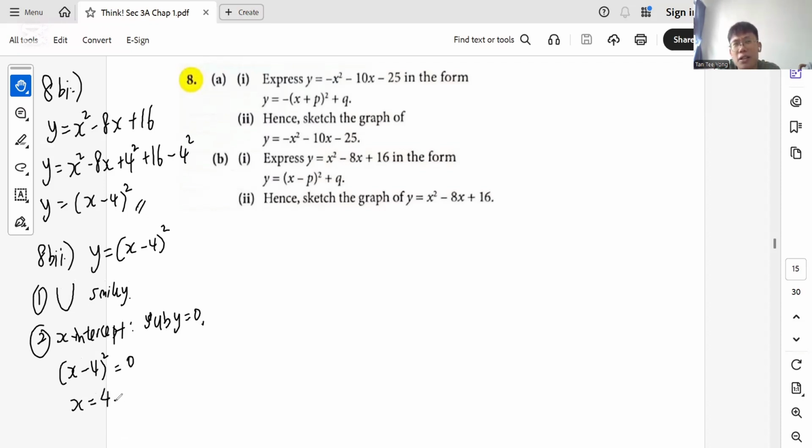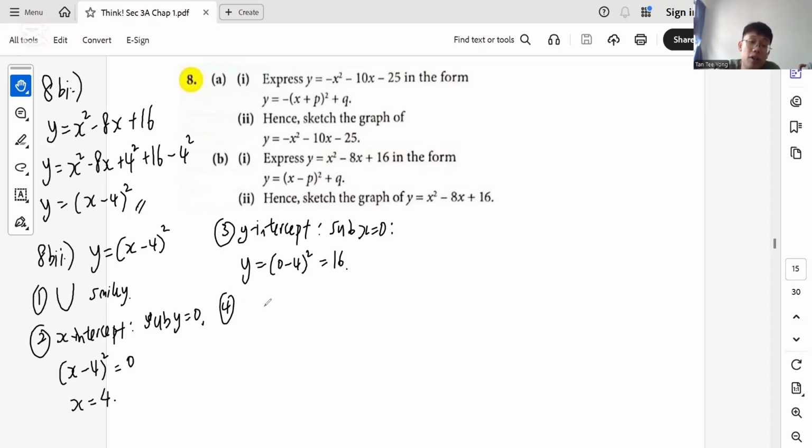So my x-intercept is just x equals to 4. Then you'll be thinking, how do I intersect the x-axis at only one point? I will show you later. Point number 3, y-intercept. Sub x equals to 0, so y equals to 0 minus 4 squared. So this is 16.